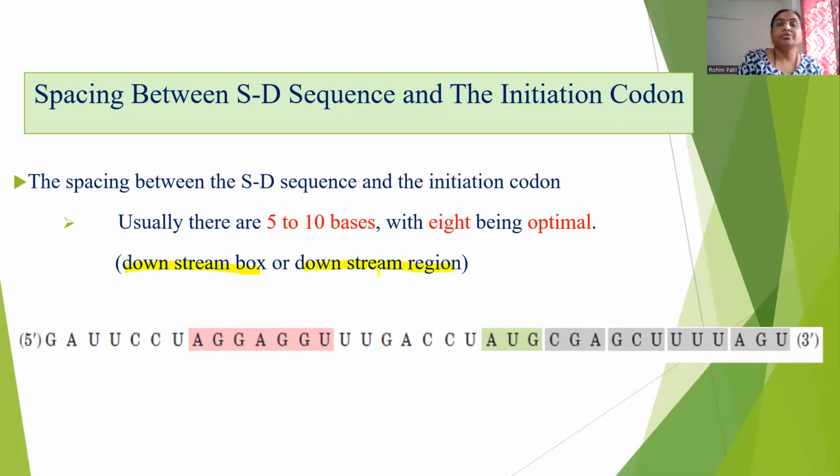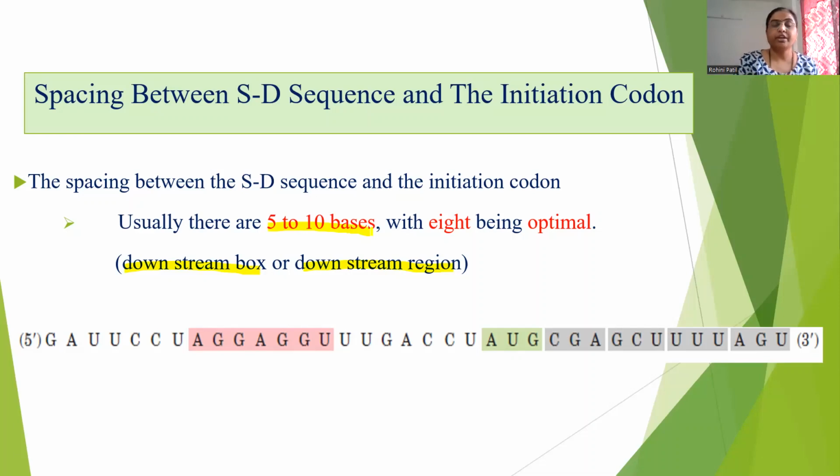This region should consist of a minimum of 5 and a maximum of 10 bases. If it is fewer than 5, the efficiency of the translation is going to be lower, and if it is more than 10, it also affects the translational efficiency.